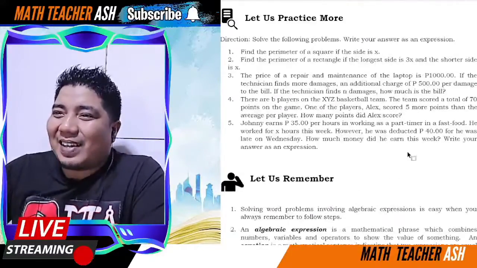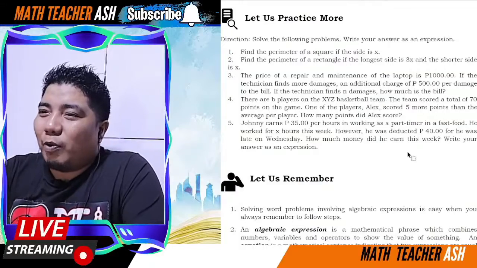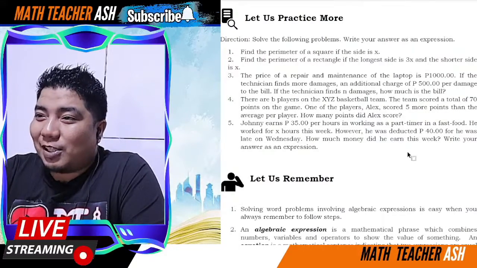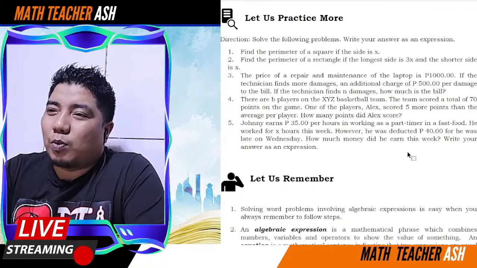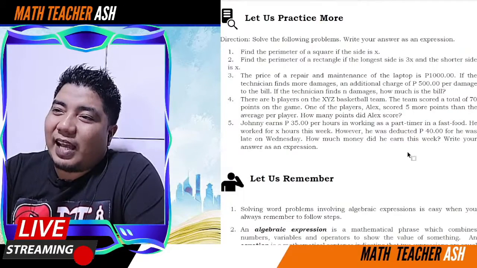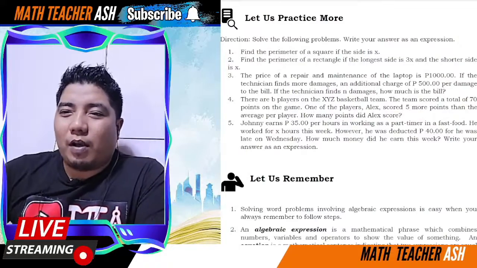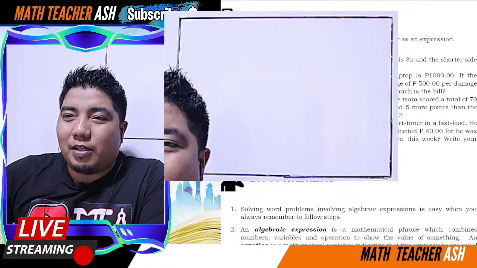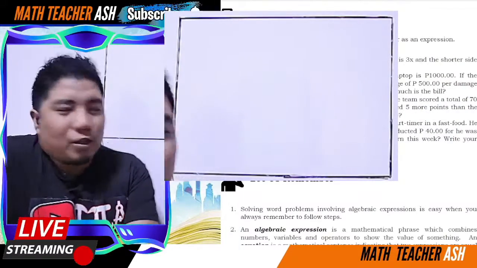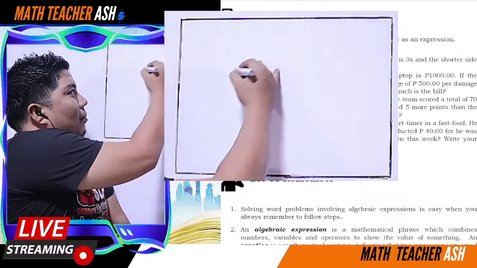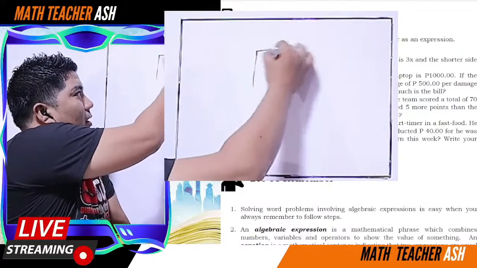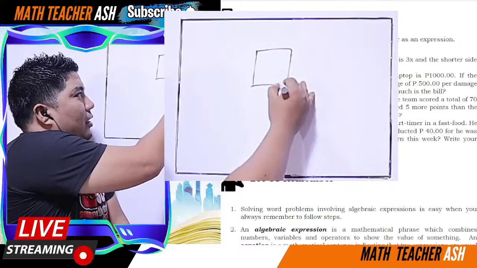Alright. Okay. So, we have here solve the following problems. Write your answers as an expression. Find the perimeter of a square if the side is x. Okay, so perimeter of a square. Okay, so gamit tayo ng whiteboard, my dear math learners. O yan. Okay, so sabi dito, yung perimeter daw ng isang square if your side is x.